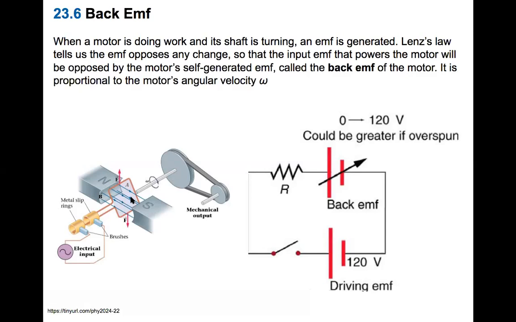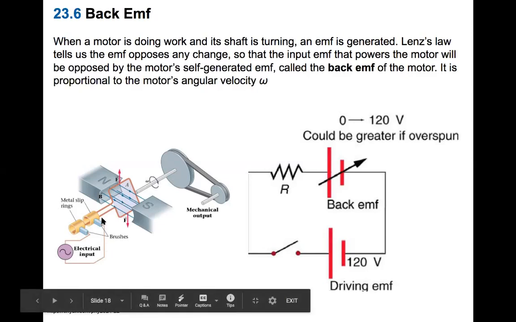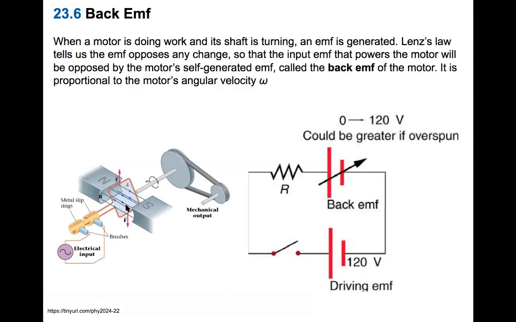We just discussed this earlier for the electric generator. If the coil is moving in a magnetic field, there will be an induced EMF, which is the working principle of the electric generator. So in this case, as you take in the electrical input, the coil is moving, and there will be an induced EMF in the coil. That should be in the opposite direction of the input.